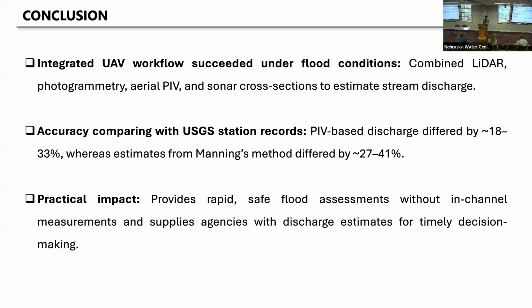We hope this method provides rapid and safer flood assessments without in-channel measurements, and that it supports agencies in estimating discharge for timely decision making. I'm happy to take any questions.